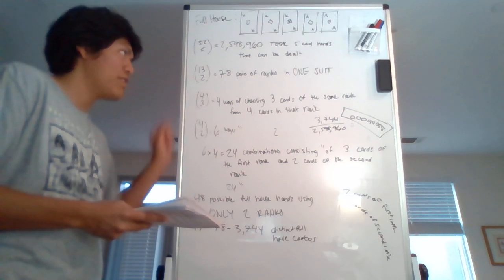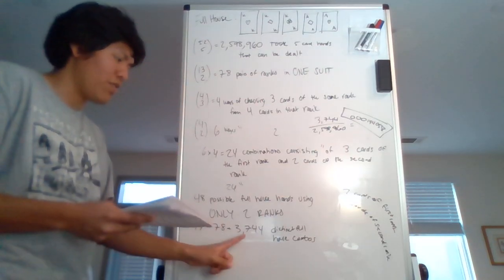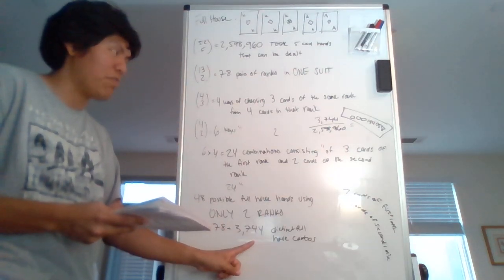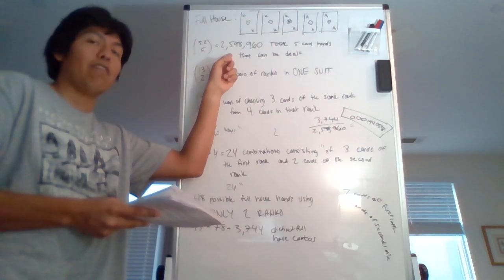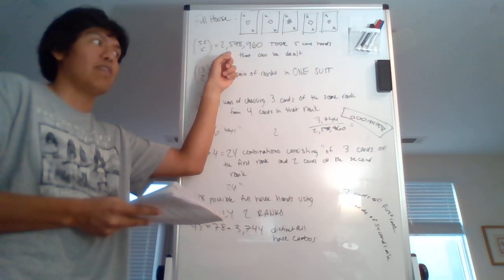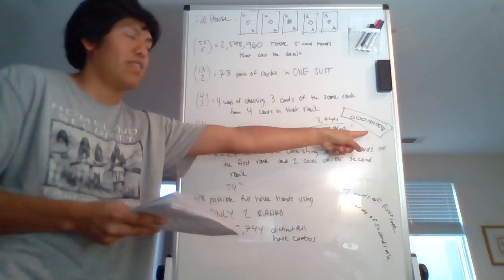So 48 times 78, and that gave us 3,744. And we put this number over the entire total 5 card hands that can be dealt. And that gives us this.